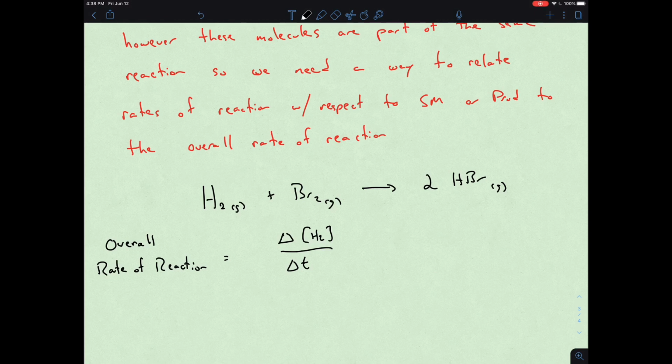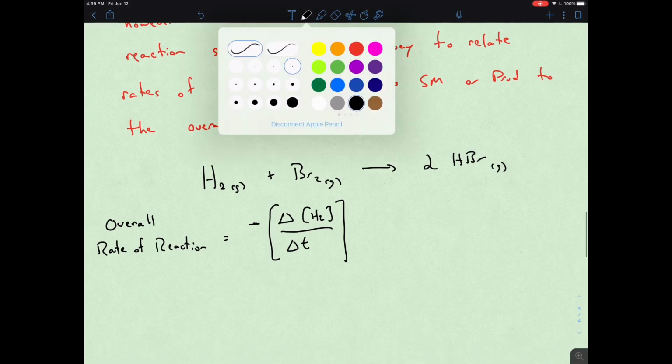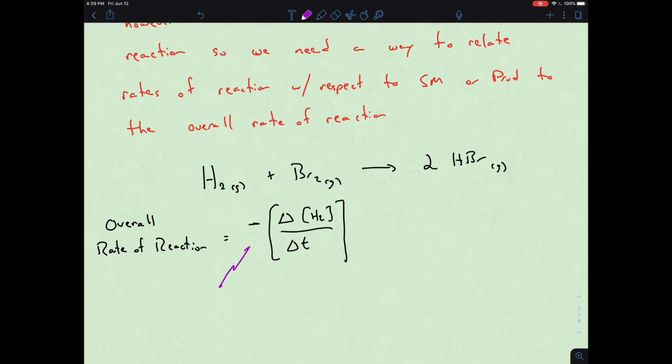And if you think about rate in terms of speed, it doesn't make sense to have a negative velocity. Like, I want negative 10 miles per hour. You would have to have something positive. So we would want to have a negative sign out in front. And so the negative sign here corrects basically for the negative slope in the consumption of starting materials.